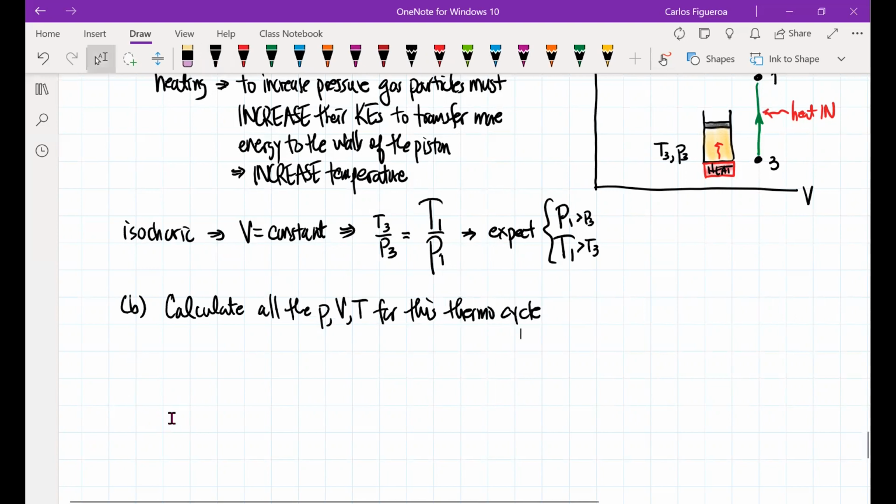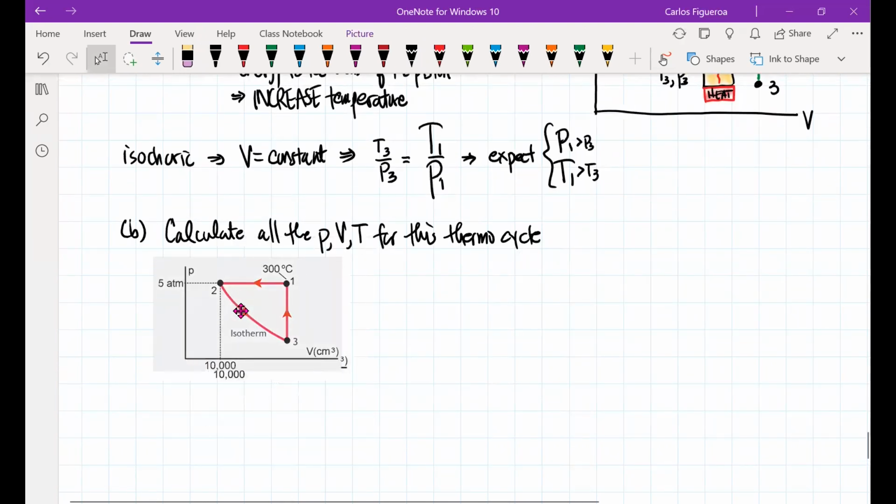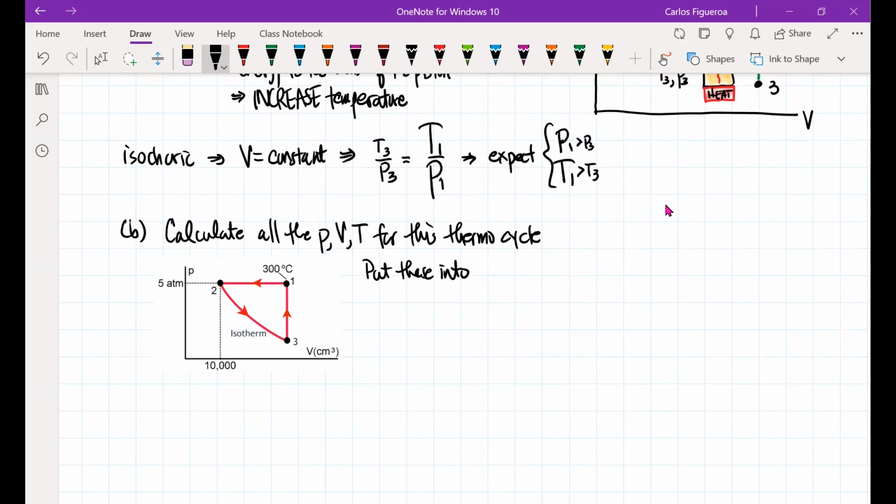So let's look at our graph. If you look at the graph, here's what our cycle looks like, our PV diagram. And the first thing that we have to do here is put these into proper units. You've got to put these into proper units.